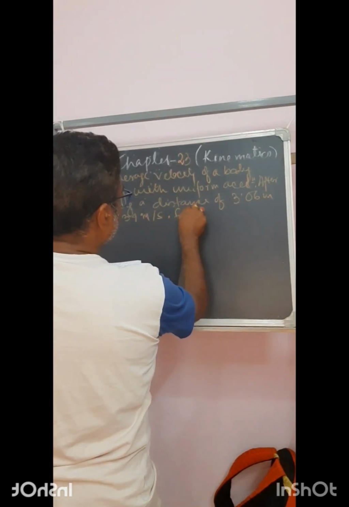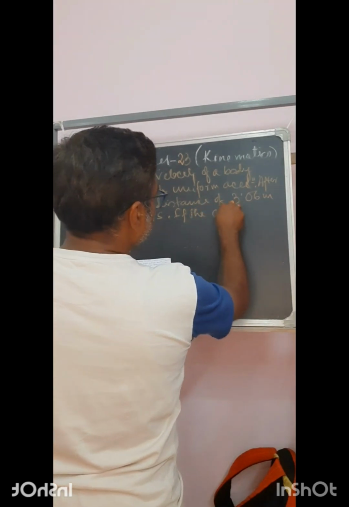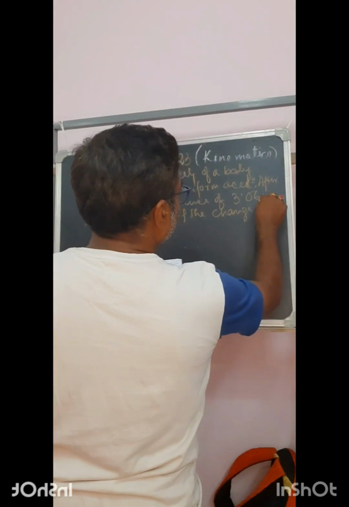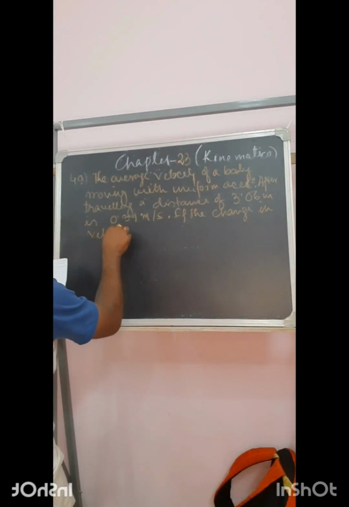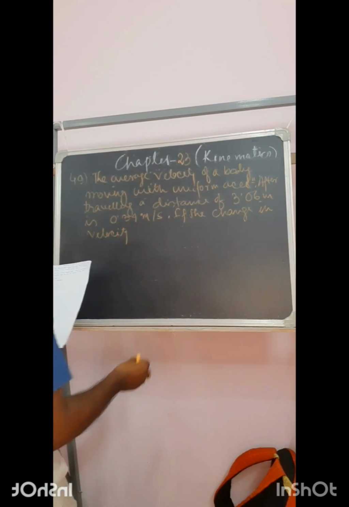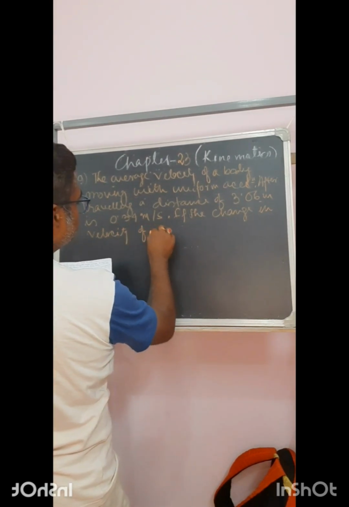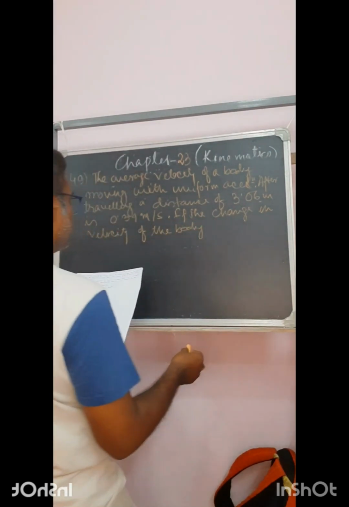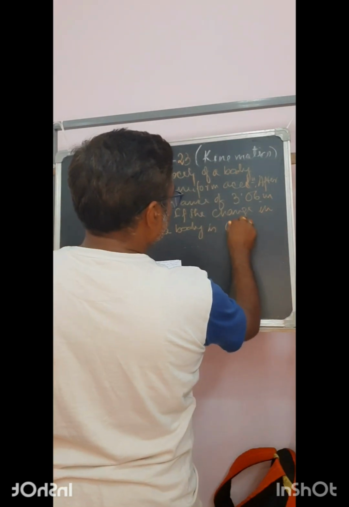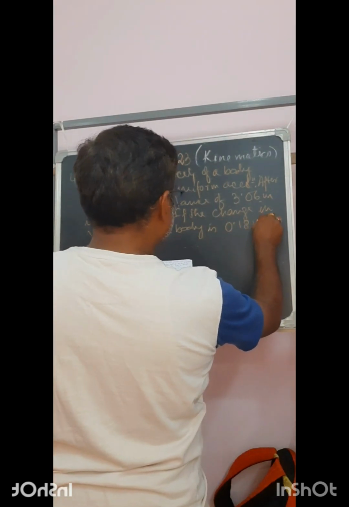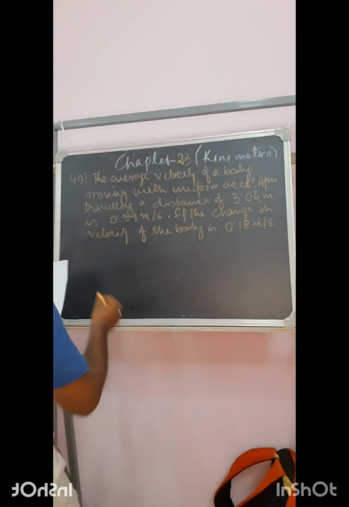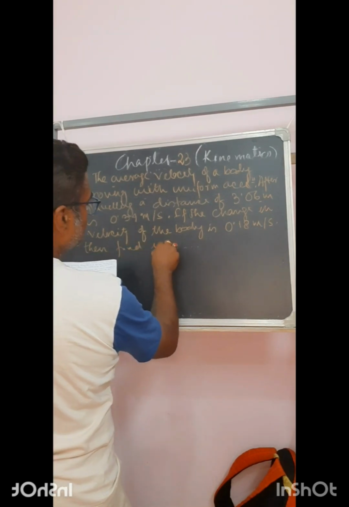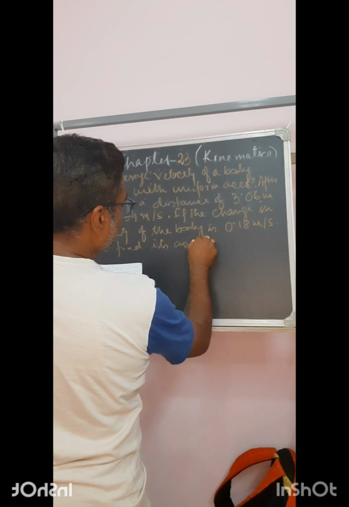If the change in velocity of the body is 0.18 meter per second, then find its acceleration.